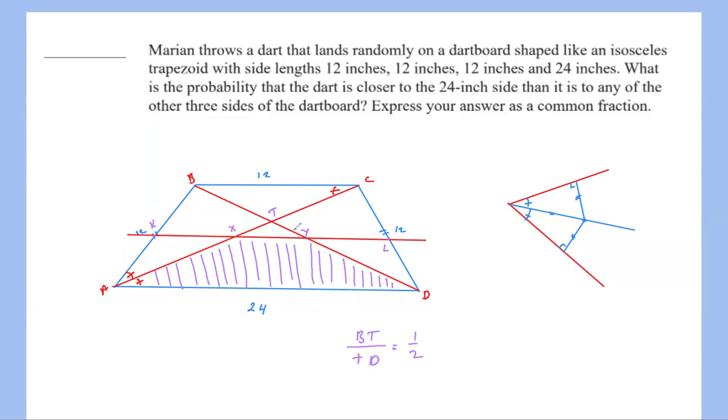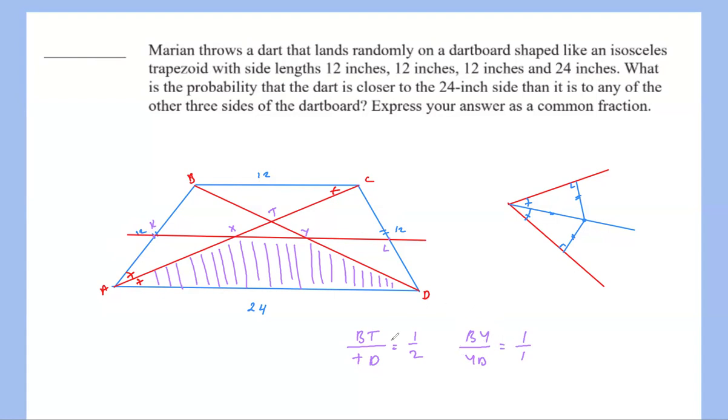But I don't want to just write 1x and 2x or 1k, 2k ratio immediately, because I also know that BY and YD are equal. So I'm going to say BY over YD is equal to each other, because this KL was the mid segment, that is the line we draw.